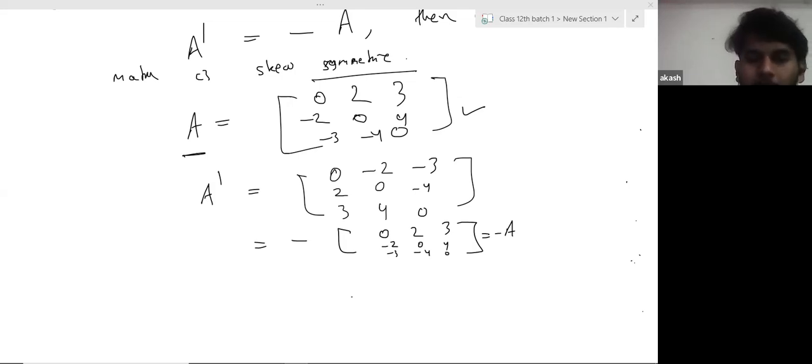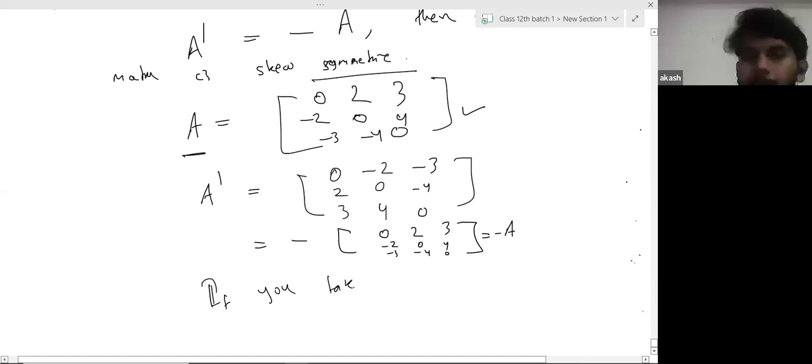Here, Shikani, see, skew symmetric matrix is if you take transpose, then transpose is negative of A. Here, this was A matrix. We took the transpose of this matrix.